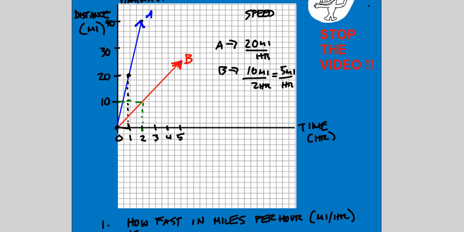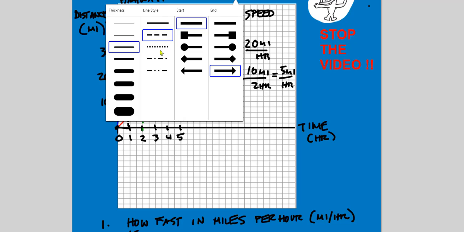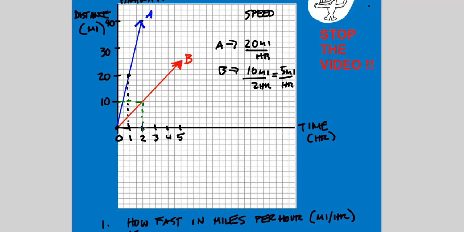Okay, so after 2 hours, there's 2 hours on the graph right here. Let's try that again.